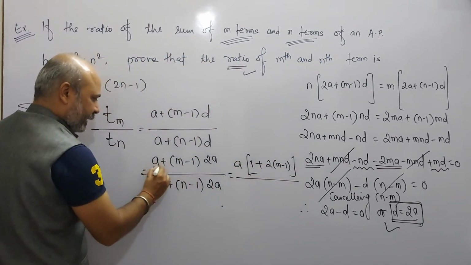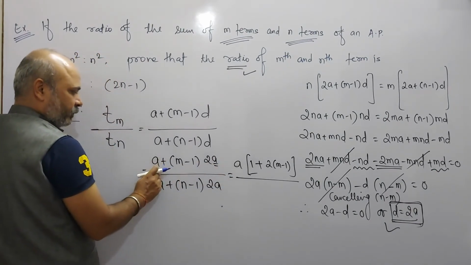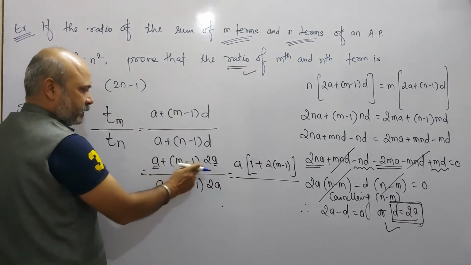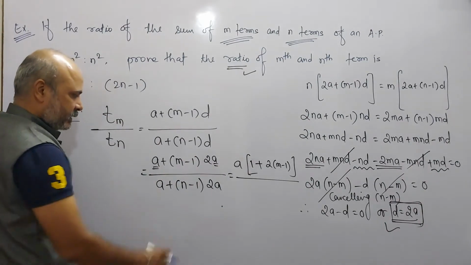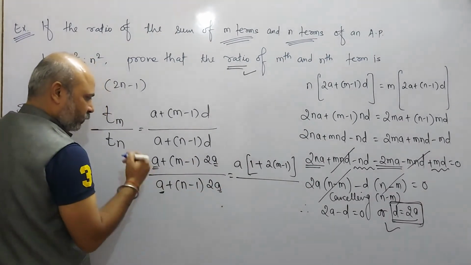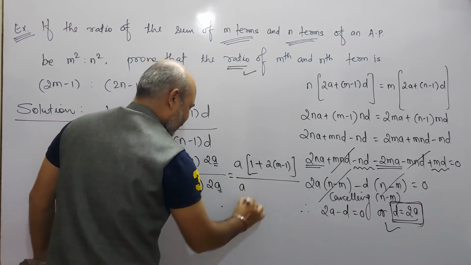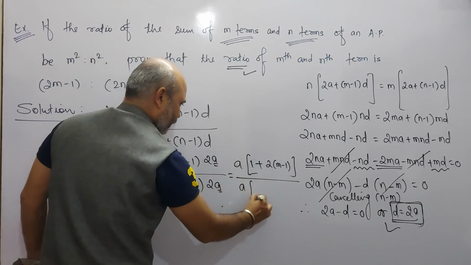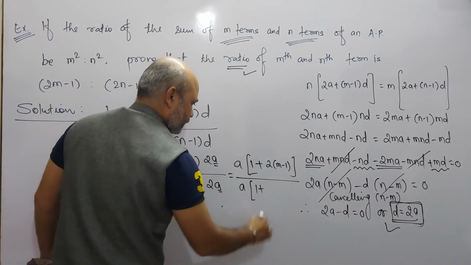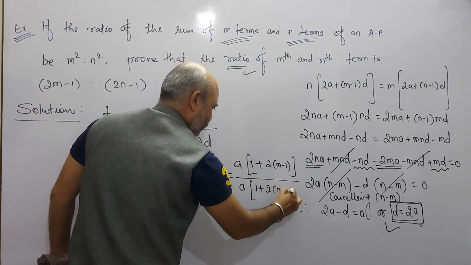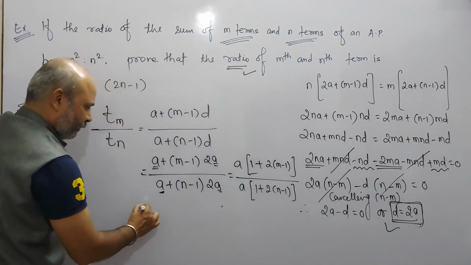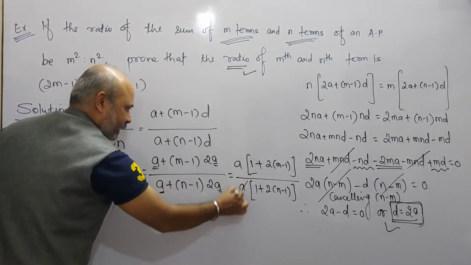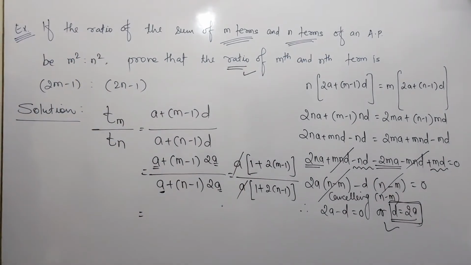When you take a as a common, so what you will get? From here you will get 1 plus 2m minus 1. Similarly, you can take a common from here also. So when you take a as a common, you will get here 1 plus 2n minus 1. Now just simplify. So this a and a will cancel out.